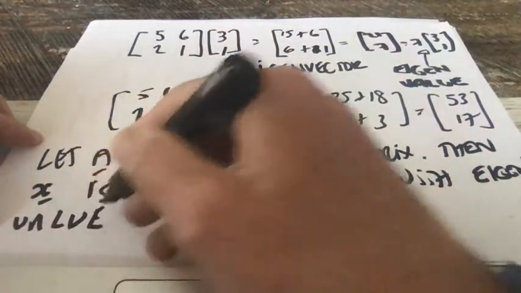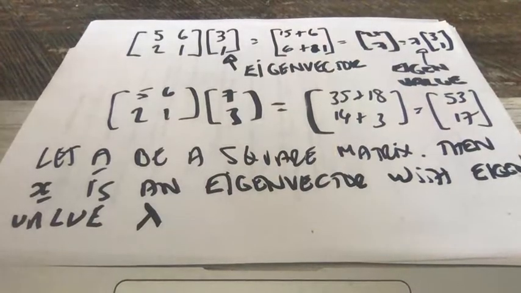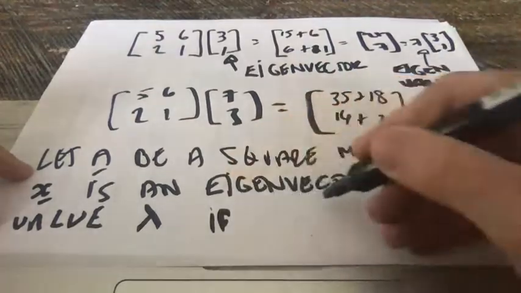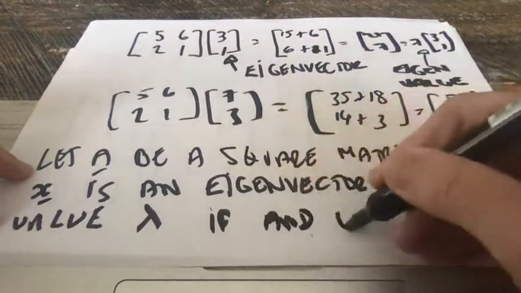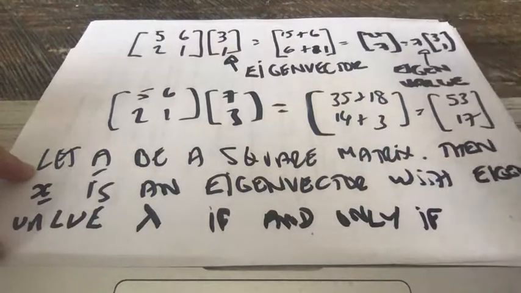The eigenvalues are usually denoted in mathematics by the letter lambda. This is just tradition, I think it was Euler who came up with this. Then X is an eigenvector with eigenvalue lambda if and only if, again, this is just mathematical jargon. Here's what the definition is.